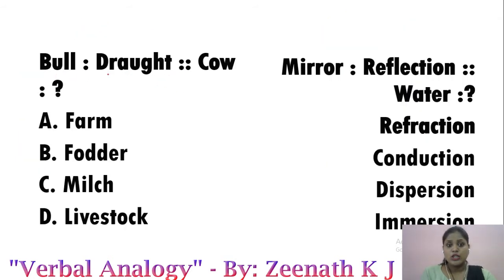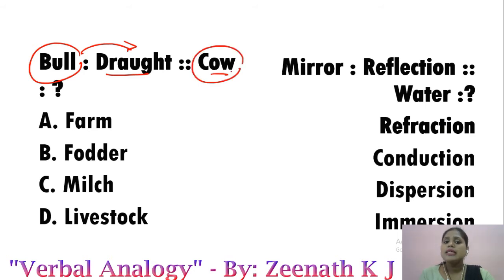Bull is to draught as cow is to what? I think a very easy question if you ask me. Friends, bull is a draught animal. That's the connection. Likewise, cow is what kind of animal? Is it a farm animal, fodder animal, milch animal, livestock animal?